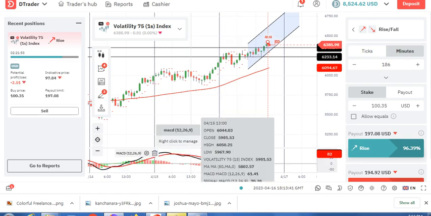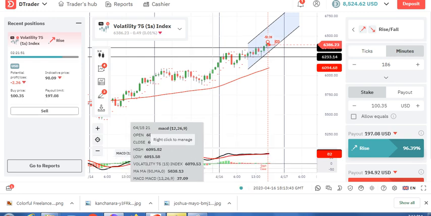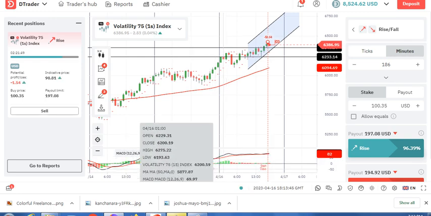Okay, if this line did not cross here, do not make a sell entry.